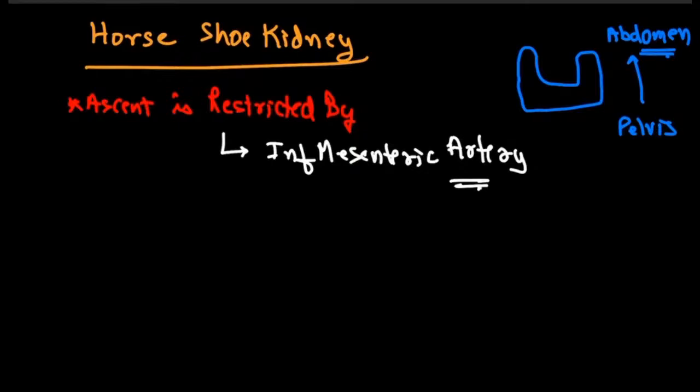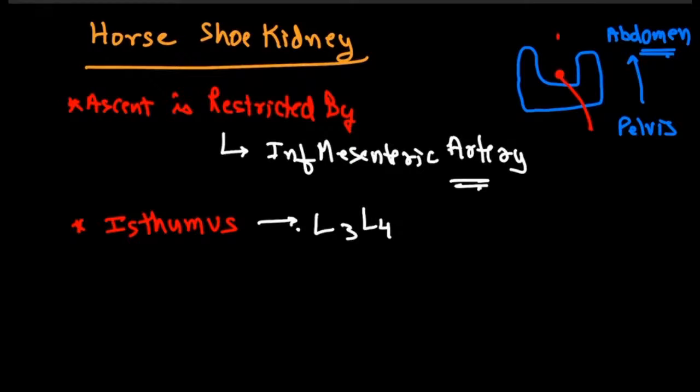Now, if I ask you, what is the level at which the isthmus is lying? The isthmus of this horseshoe kidney, at what position do you have the isthmus? So the isthmus is present at the level of L3, L4 vertebral level. Why? Because as I just told you, the inferior mesenteric artery restricts the ascent. The origin of the inferior mesenteric artery is at the level of L2, L3, and that is why the isthmus lies at the level of L3, L4.